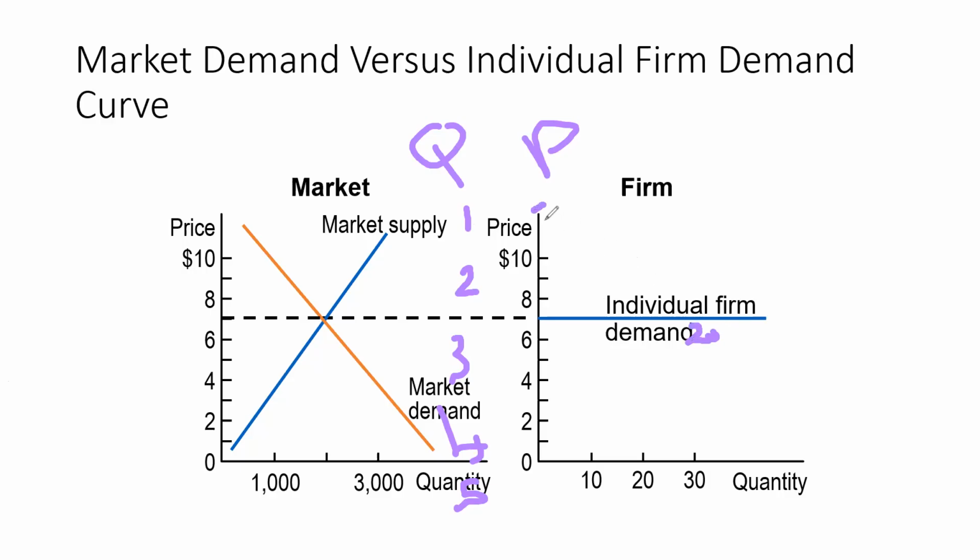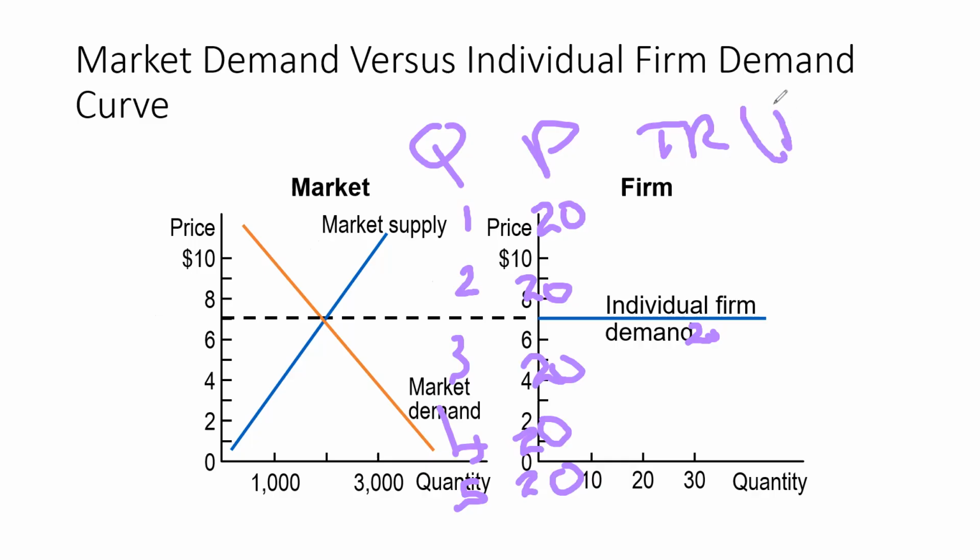Even if you produce any number of products, you can sell that amount at 20 rupees, right? Then if you want to find out the TR, total revenue, how do we calculate it?